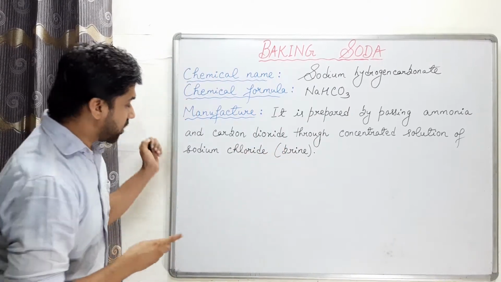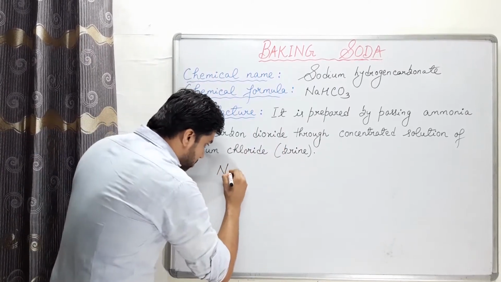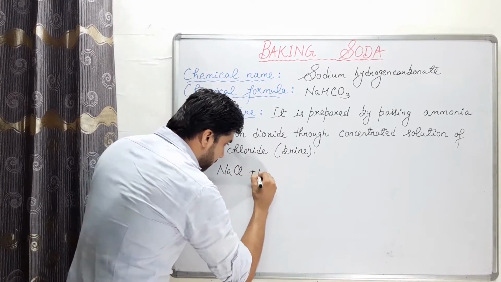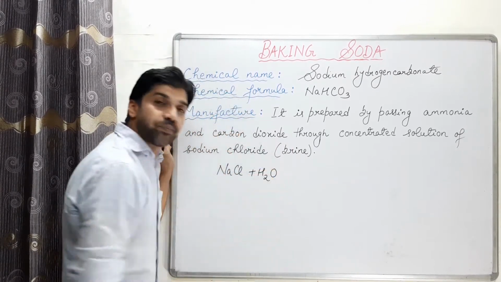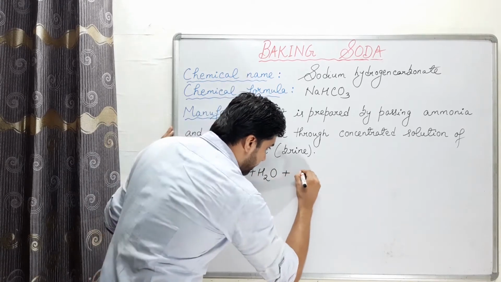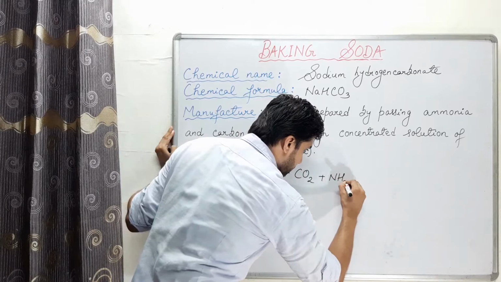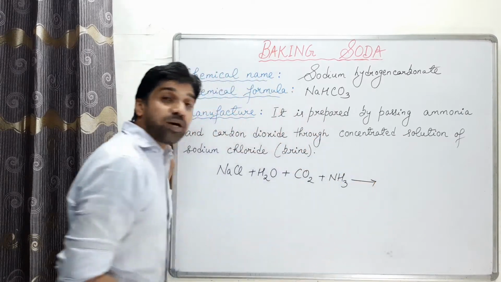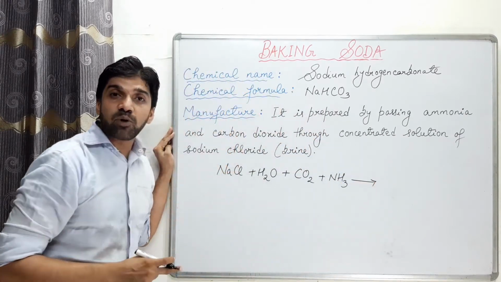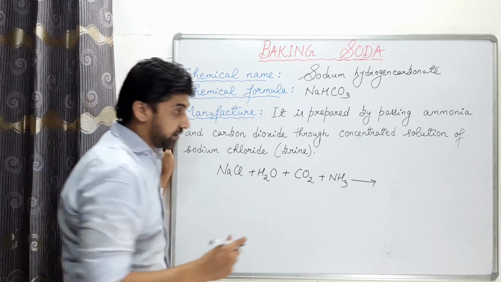So write the chemical equation. We have sodium chloride solution, NaCl and water. What are we passing? Carbon dioxide and ammonia. And what are the products formed? Sodium bicarbonate and ammonium chloride.